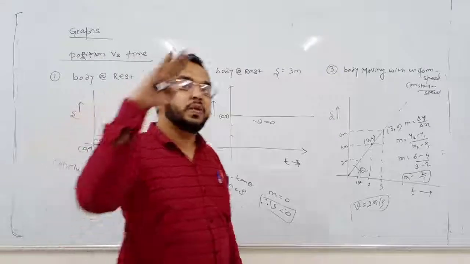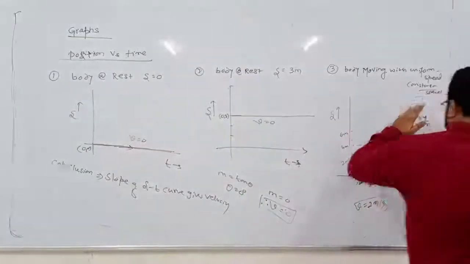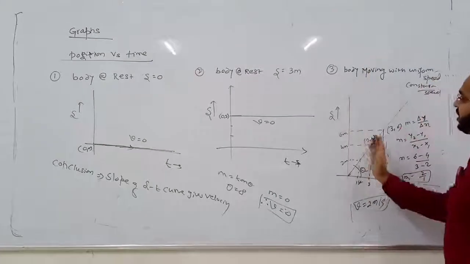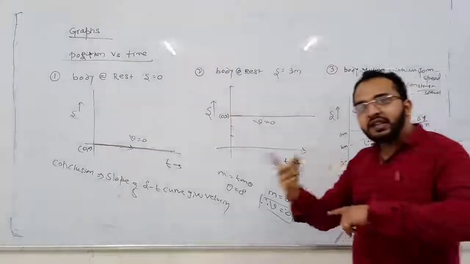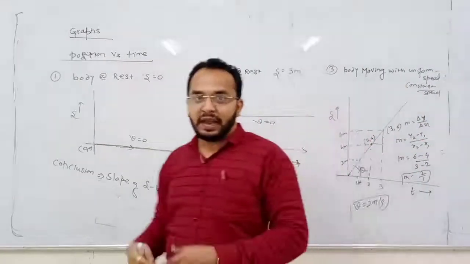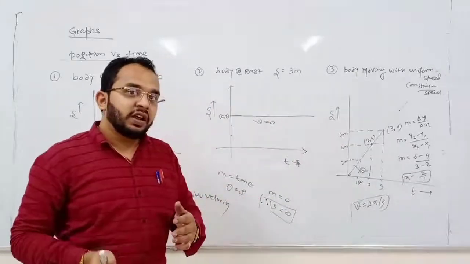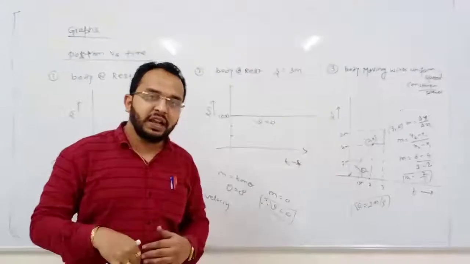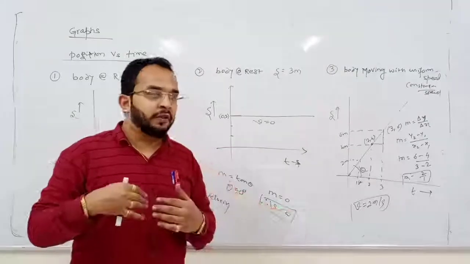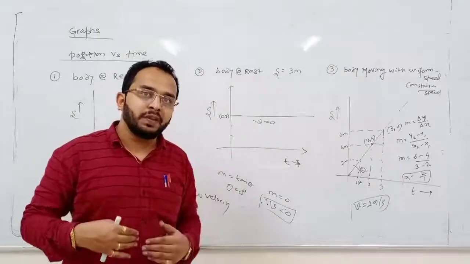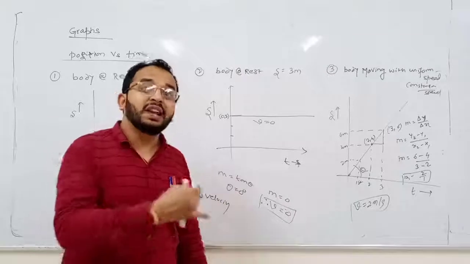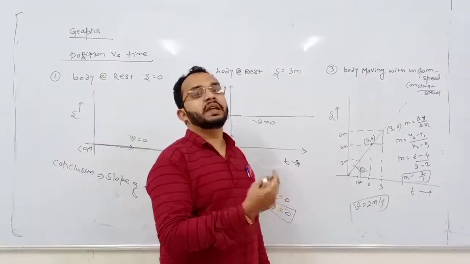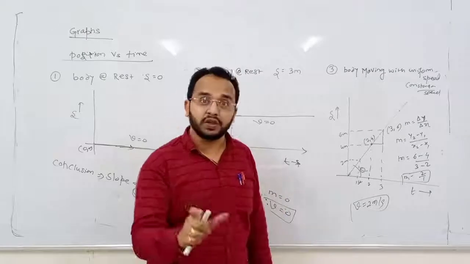Velocity will be there when there is a slope. That means as time increases, displacement should also increase. As time passes, the body should be displaced from one place to another. It should move from one place to another place with the time. Then we can say it has some velocity.